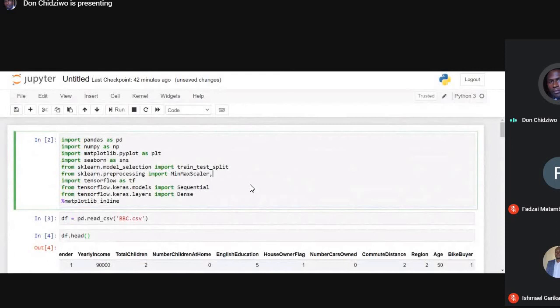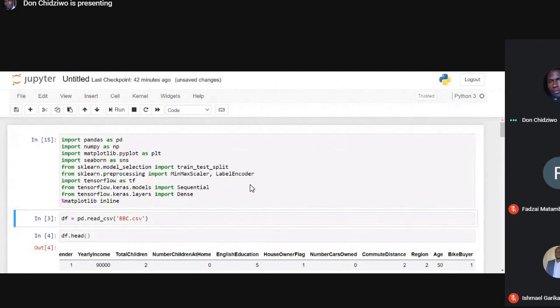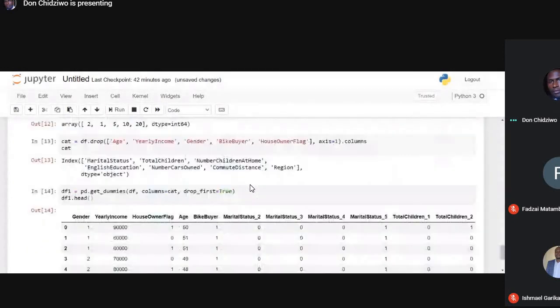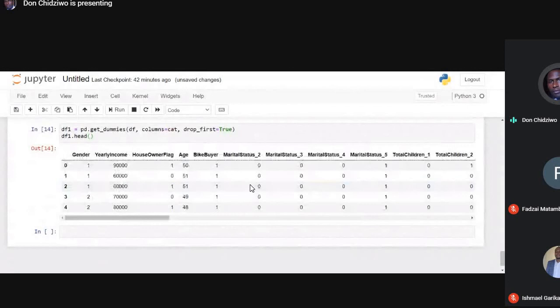Min-max scaler, comma, label encoder. Work with this. Not the gender, it's 1 and 2. I prefer 0 and 1. No, my bad.